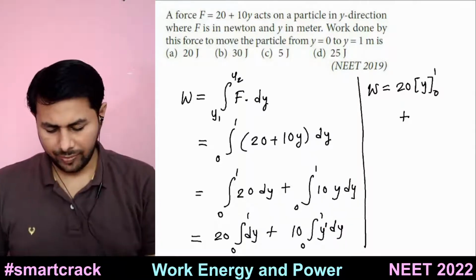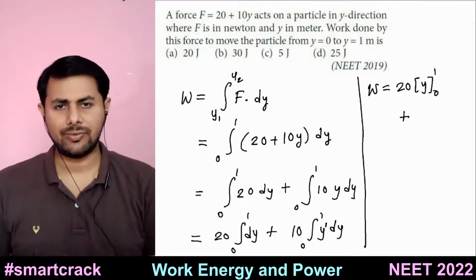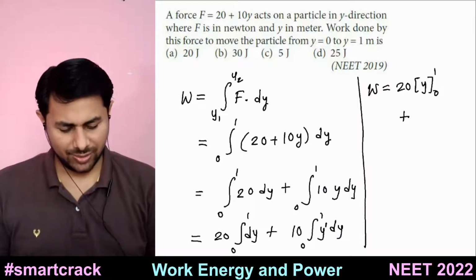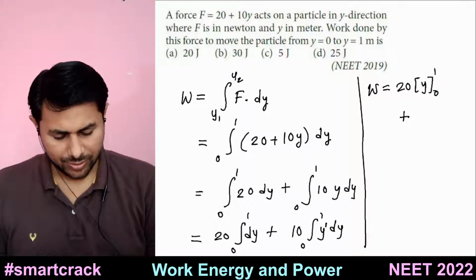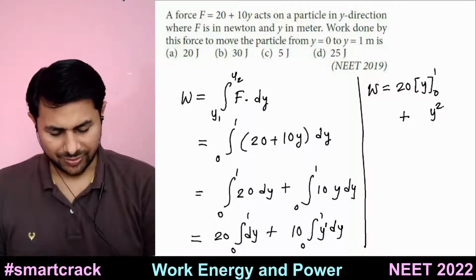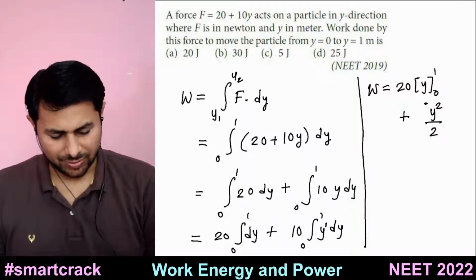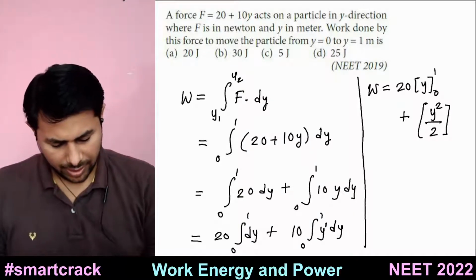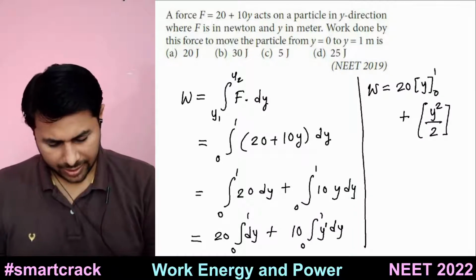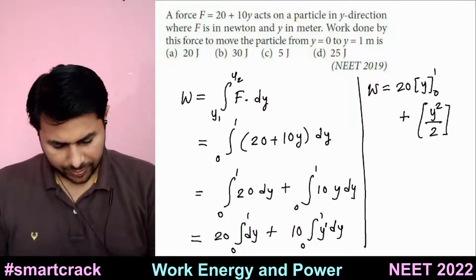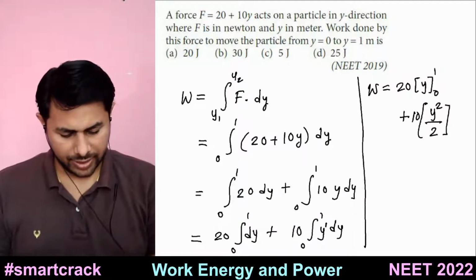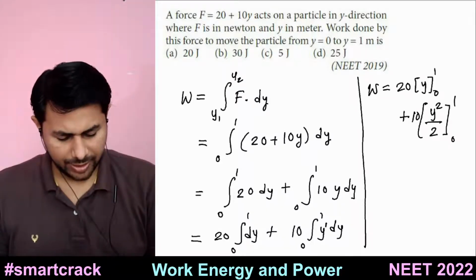So we have y raised to 1 plus 1 divided by 1 plus 1, which is y raised to 2 upon 2, because 1 plus 1 is 2. And we had this 10, so 10 will stay as it is, lower limit 0, upper limit 1.